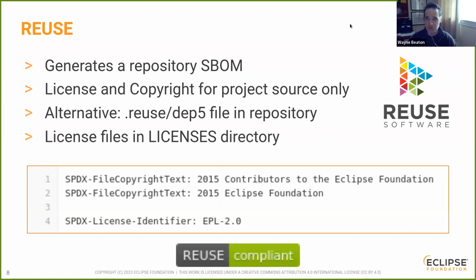Reuse provides a means of doing that. There's a reference here to the dep5 file, which is a format that the Debian folks have come up with that is leveraged here. Reuse has a linter and actually has some tools for providing information that's missing. It also has a way of generating an SPDX.